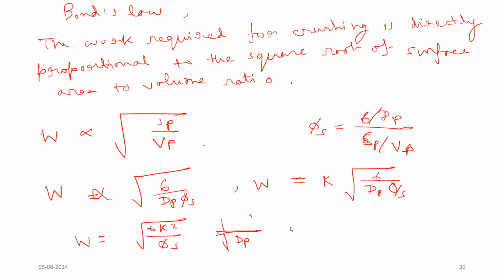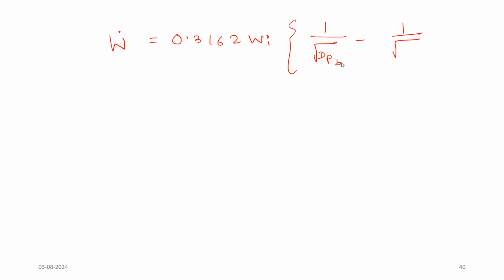And this root over 6K square by phi S is nothing but the Bond constant. So finally the expression comes as 0.3162 work index into (1 by root over dPp minus 1 by root over dPf), where p is product and f is feed.